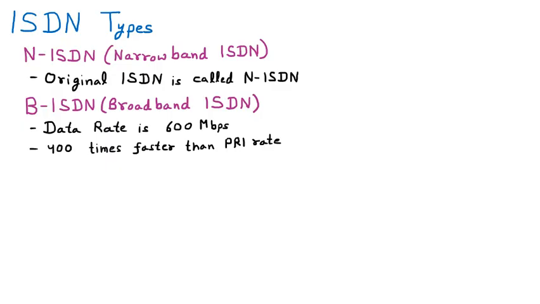Now we are discussing the services provided by the broadband ISDN. The first service provided by B-ISDN is interactive services, meaning services by which we can interact.